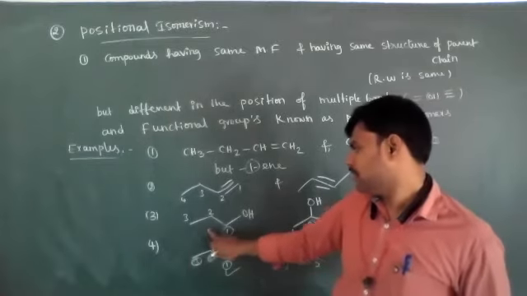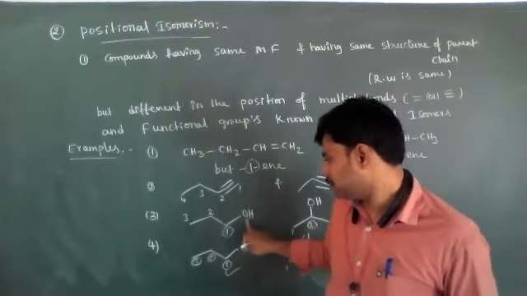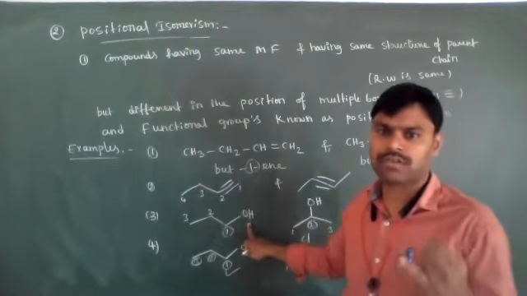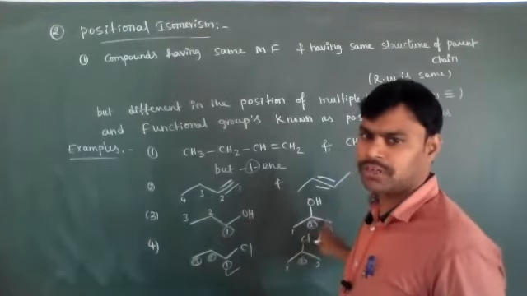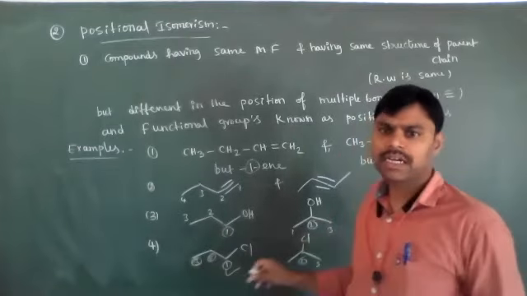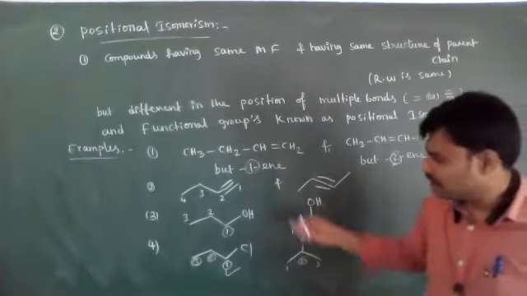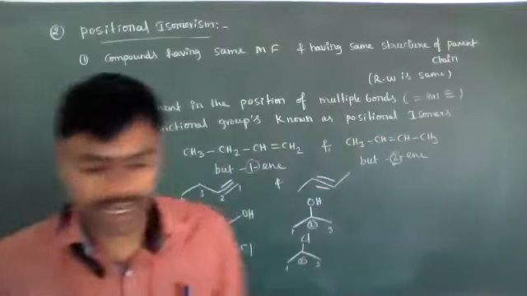This is the OH group, functional group ol. Propan-1-ol and this is propan-2-ol. So these all are examples of positional isomers.